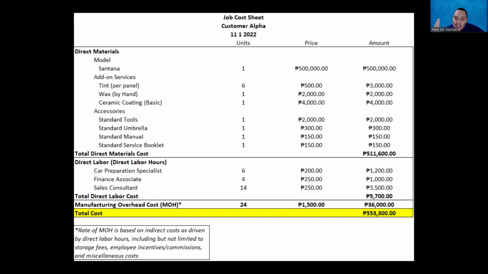So, while these four items specifically may be free on the customer side, it still comes at a cost or a corresponding price for the firm, or in this case, for the automotive dealership. Tools around 2,000, umbrella 300, manual 150, service booklet 150.